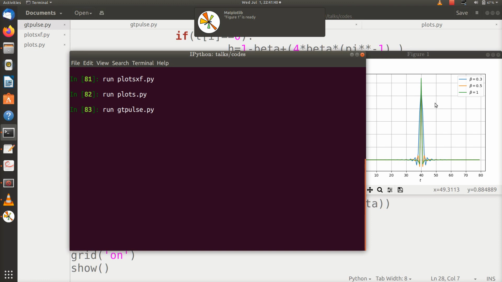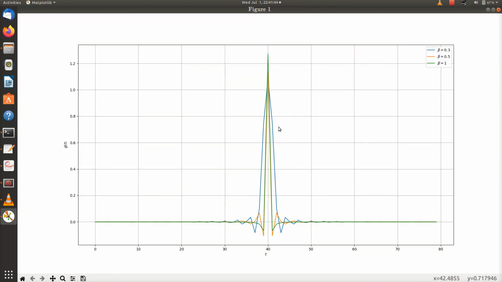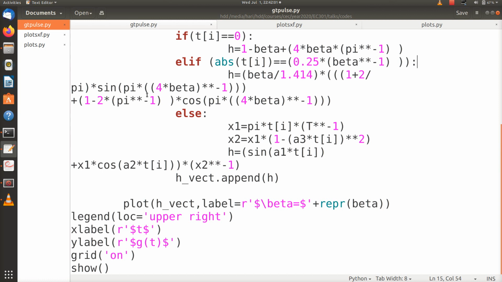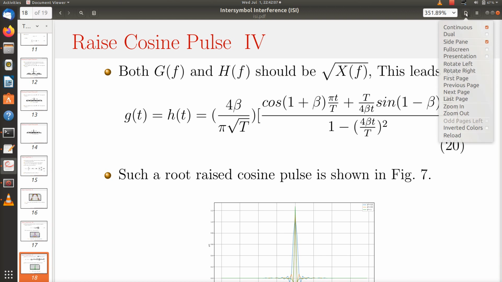You can appreciate these are four different values of beta. Your RRC filter looks like this. This is for beta equal to 1. This outside curve is for beta equal to 1, and this is for 0.3, 0.5. For different values, you can appreciate the root raised cosine pulse. So at the transmitter I have a root raised cosine signal, and at the receiver I have another root raised cosine filter, so that I have zero ISI.